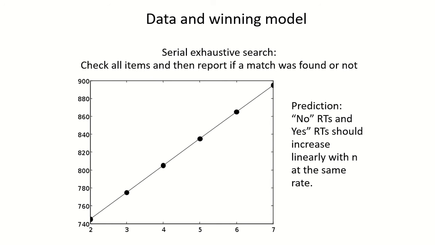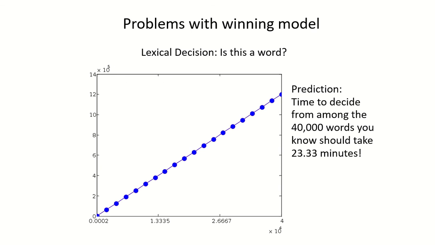And the reason for that is the following. You guys as college students, believe it or not, they've estimated that the average college student knows about 40,000 words in the English language. Now imagine that I give you a similar task to what Sternberg did, except your whole list is your 40,000 words, and I ask you, hey, is chair a word? Yes or no?